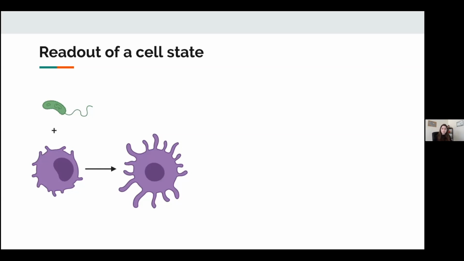So one of the favorite systems we use in the Garber lab, because of how dramatic the difference is between a stimulated cell and an unstimulated cell, is this system of dendritic cells, which are stimulated with LPS, a molecule from the membrane of gram-negative bacteria. And through this response, the dendritic cells become activated and begin an entirely new transcriptional program.